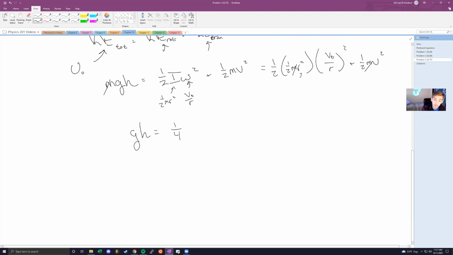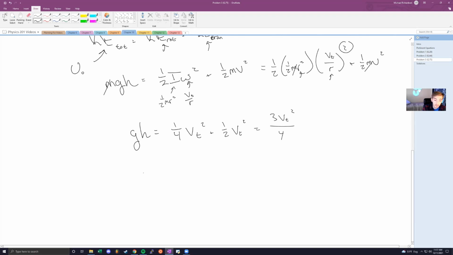Our radius squared here is going to cancel with the radius squared after we apply the exponent. So all we're left with is 1/4 v_t squared plus 1/2 v_t squared, and this is equal to 3 v_t squared over 4.